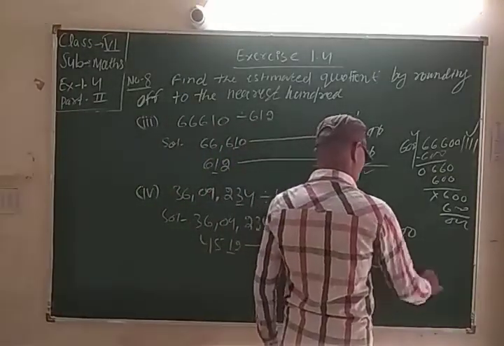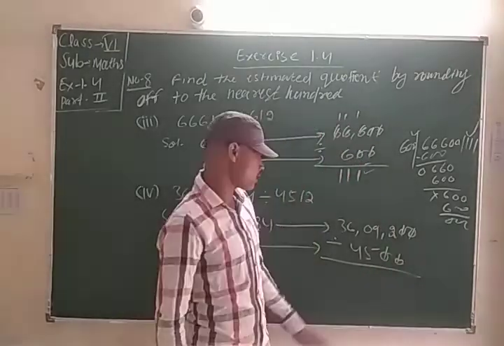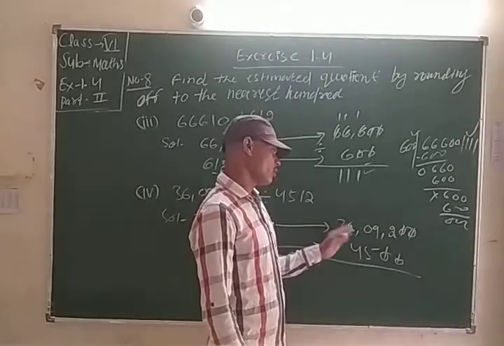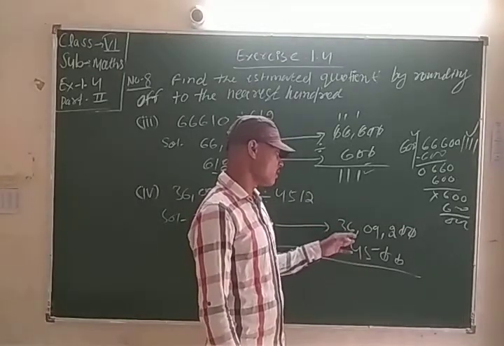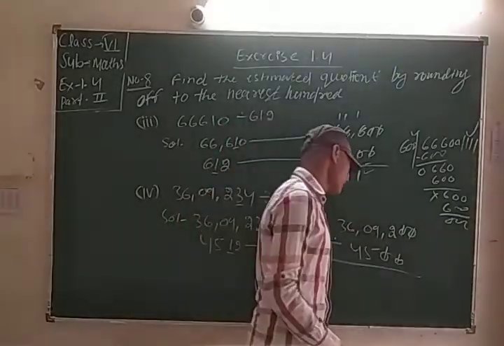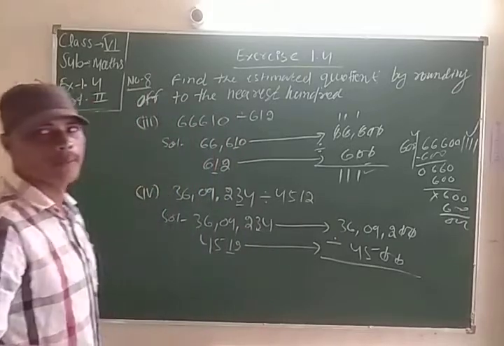Now here what do we do? Divide. The 0s cancel, 2 0s cancel. Now see 36 divided by 45.